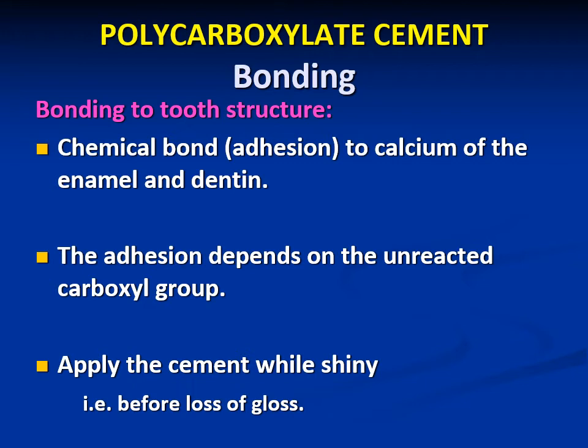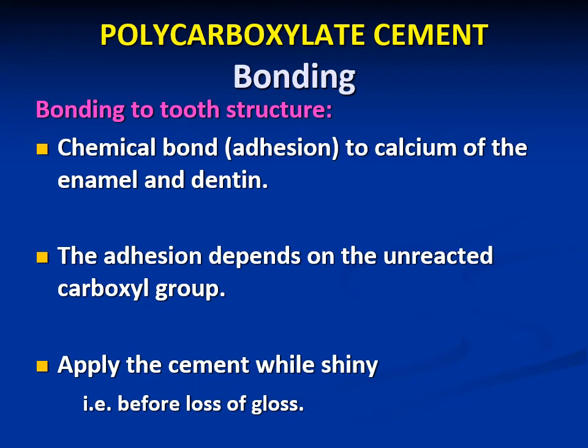So to be sure that we have enough unreacted carboxyl group in the mix, we have to apply the cement while shiny or before it loses its gloss, because a glossy appearance of the cement means that there is liquid inside the mix not reacted with the zinc ions from the powder.